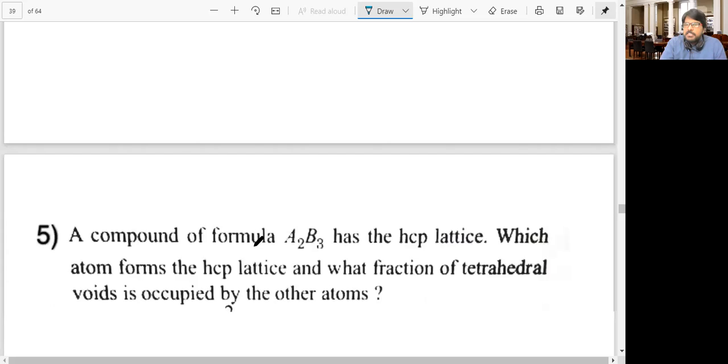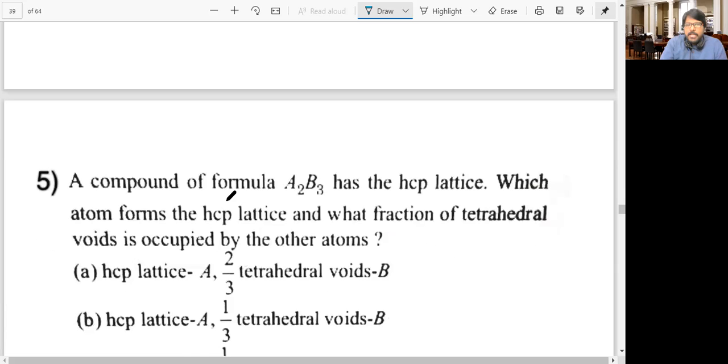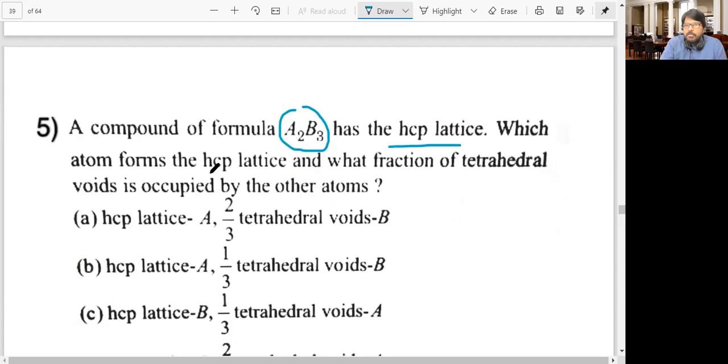It's a previous mains question, 2019 mains. A compound of formula A2B3 has an HCP lattice. Which atom forms the HCP lattice and what fraction of tetrahedral voids is occupied by the other atoms? Very clearly he's saying one is a guest and another is a host.